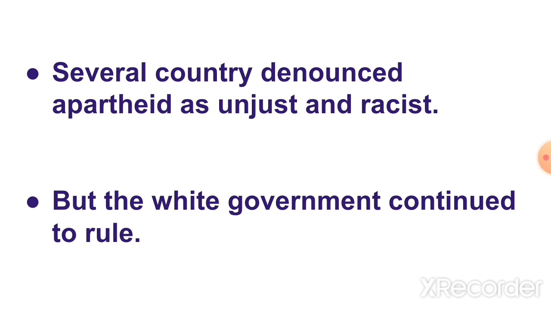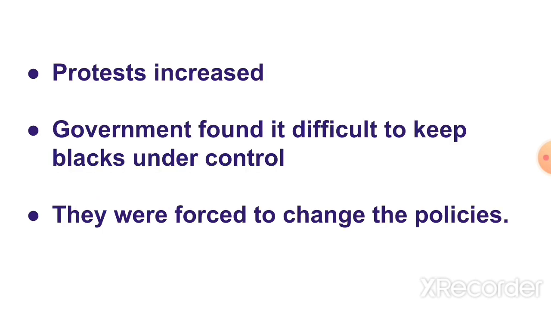Now, let us talk about the struggle of Africans towards a new constitution, to frame a new government and constitution. People's protest and struggle increased, not only in one or two parts, but all over South Africa. It became very difficult for the white government.